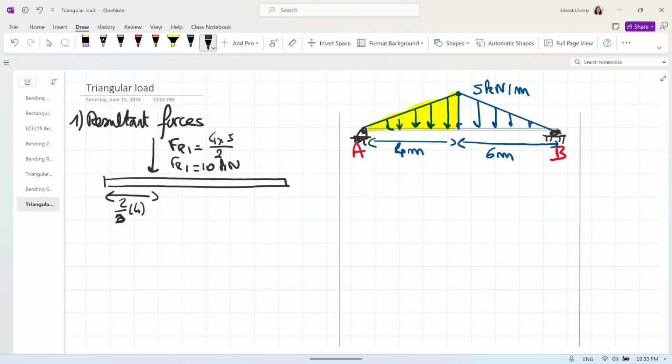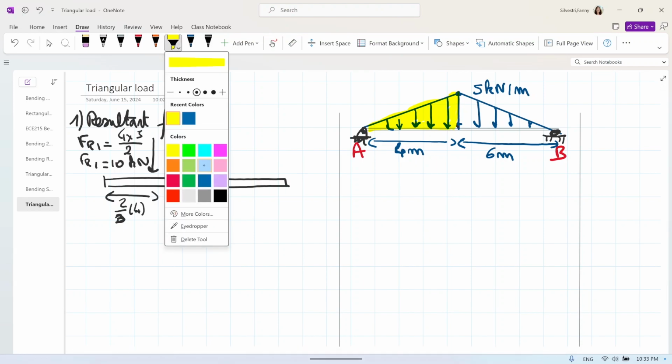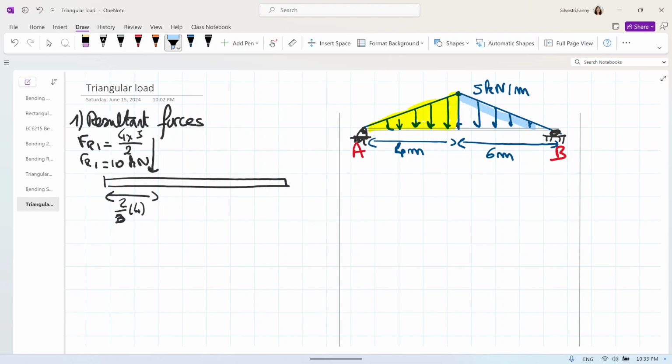Let me move that to the left so we can now find the resultant force of the second triangle. So second triangle, this is the triangle that I will highlight in blue. This one there. Okay, on my graph, they look exactly symmetrical, but I didn't make an example that is symmetrical. The one is 4 meters long, then the right is 6 meters long, just to show you that the equation will be a bit different.